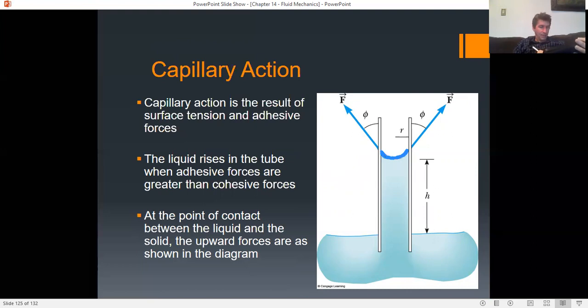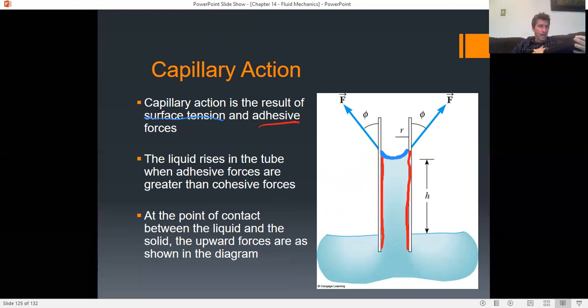The adhesion wants to keep this surface area as large as possible. So both the adhesive force of the water to the glass walls and the cohesive force, which is creating the surface tension, is going to cause water to go up a small capillary, creating this capillary action.